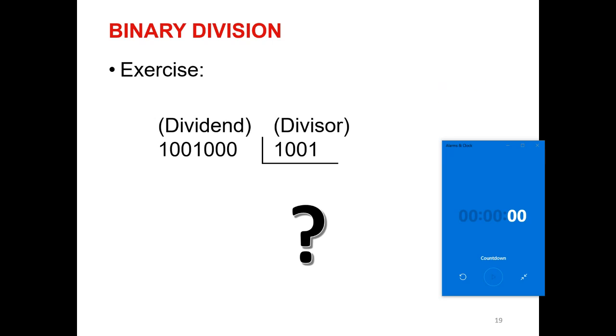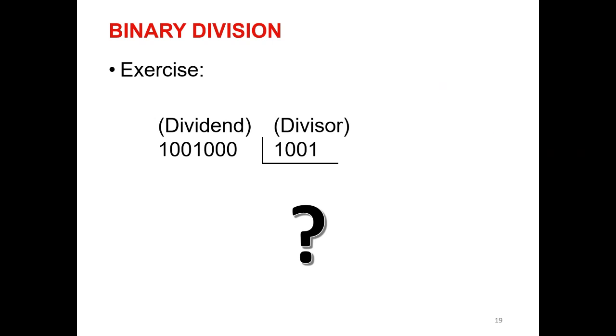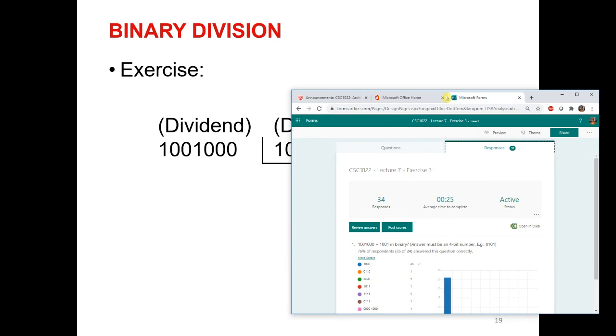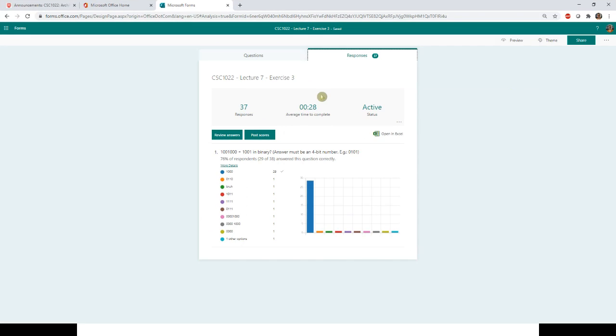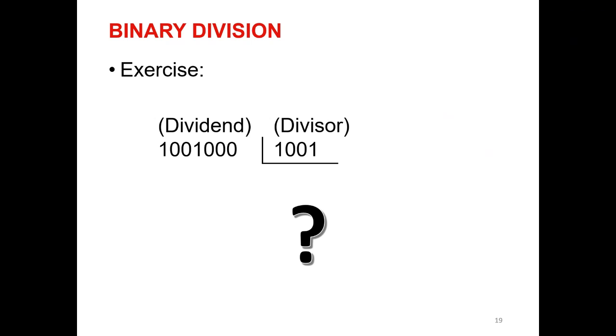Okay, so hopefully you had time. Let's see the answers. Most of you got the right one. Again, we are going to see the result. Similarly to before, in this case, it's very easy.